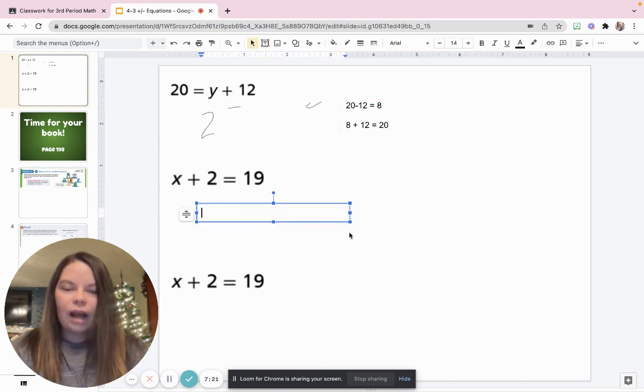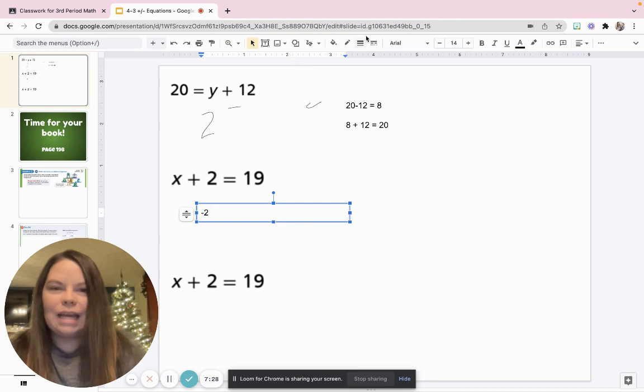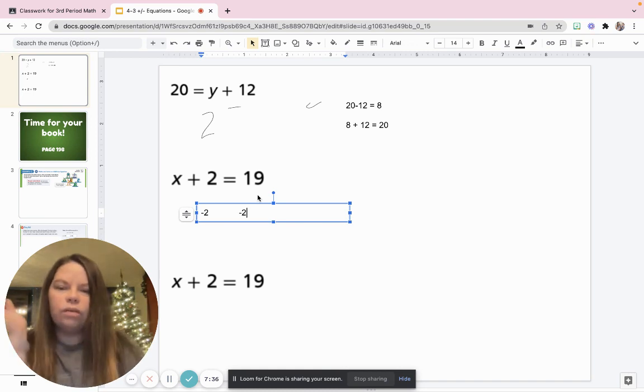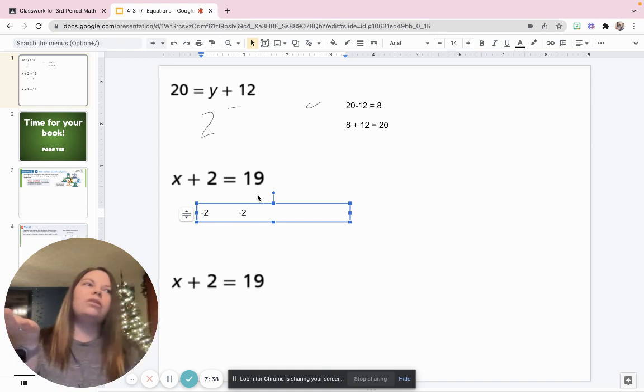So I'm going to take away 2 from both sides. So I'm going to say minus 2 over here, because that's going to kind of cancel that out, is what we call it in math language. And so then I'm also going to take 2 away from over here, because whatever I do to one side of the equal sign, I have to do to the other side of the equal sign.